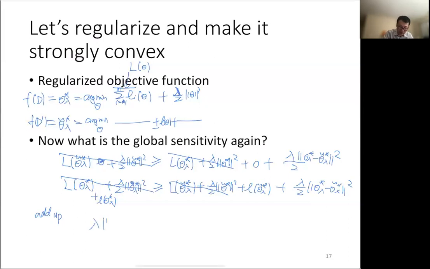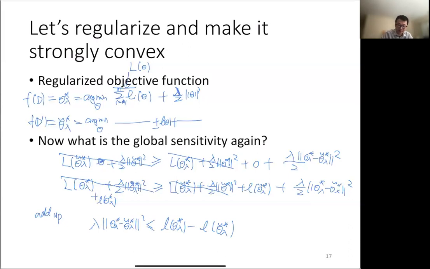So we'll have lambda of theta lambda star minus theta tilde lambda star squared is smaller than L of theta star minus L of theta tilde lambda star.